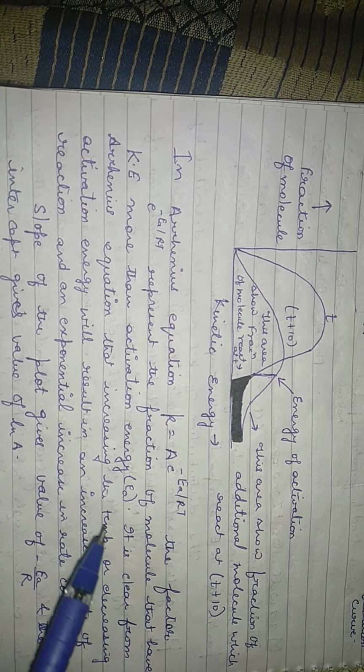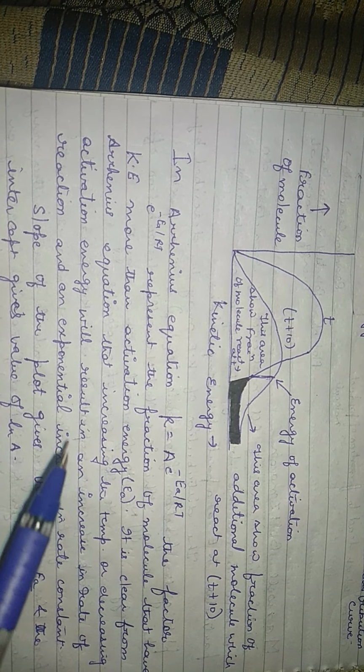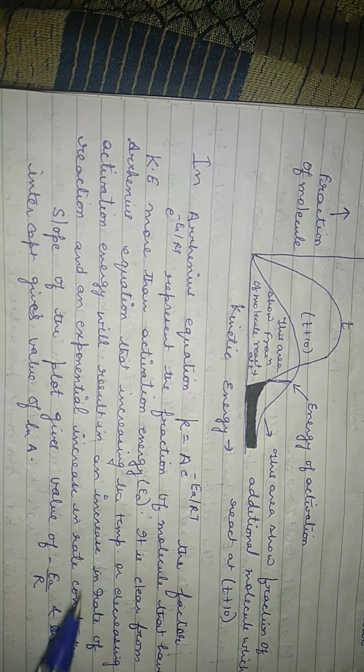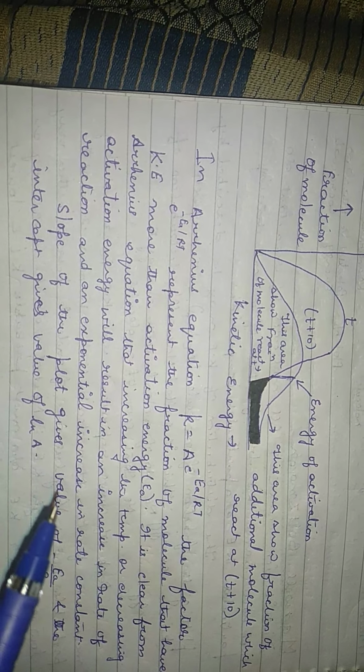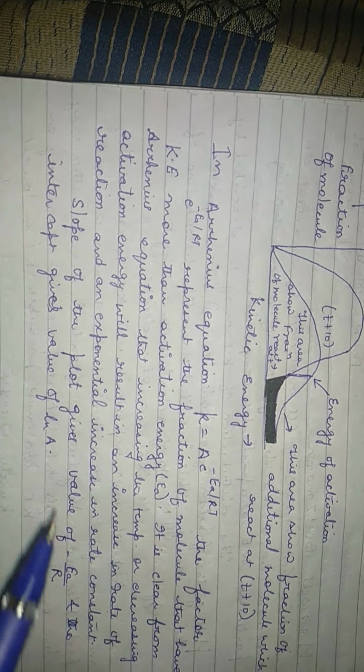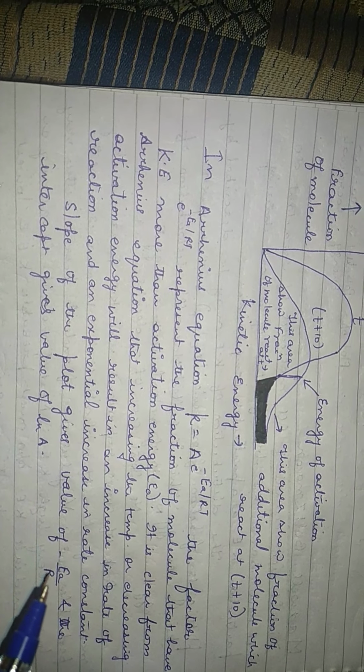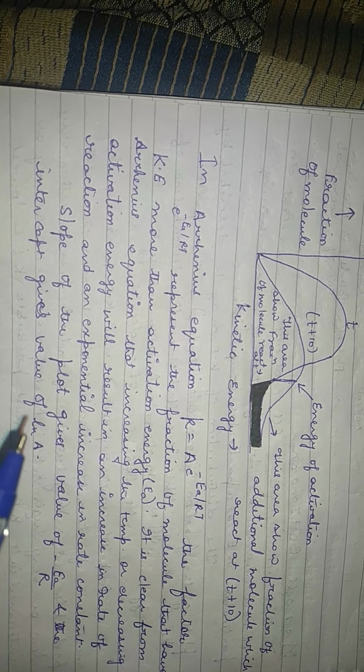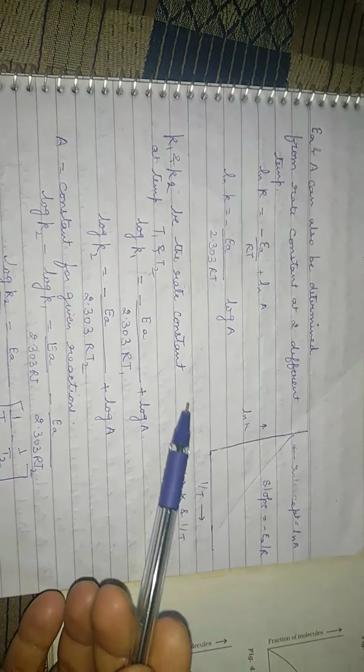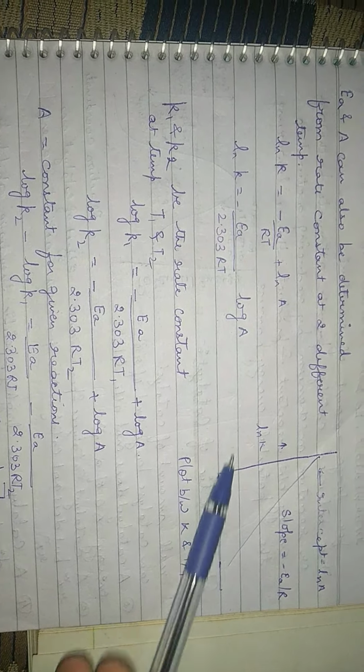So what we can write down is that an increase in the temperature or a decrease in the activation energy would result in an increase in the rate of reaction and an exponential increase in the rate constant. The slope of the plot gives the value of minus Ea upon R, and the intercept gives the value of ln A. So here we have discussed the plot between ln k and 1 by T.